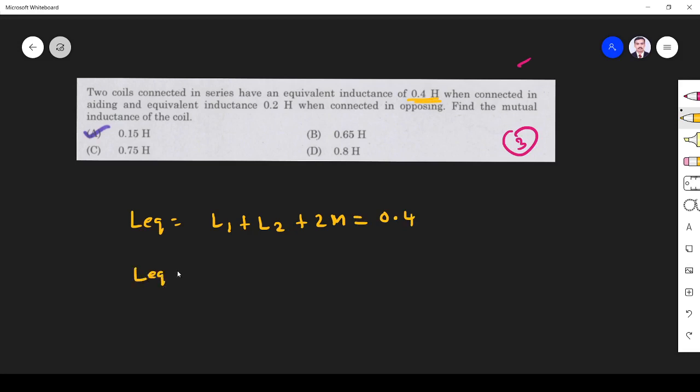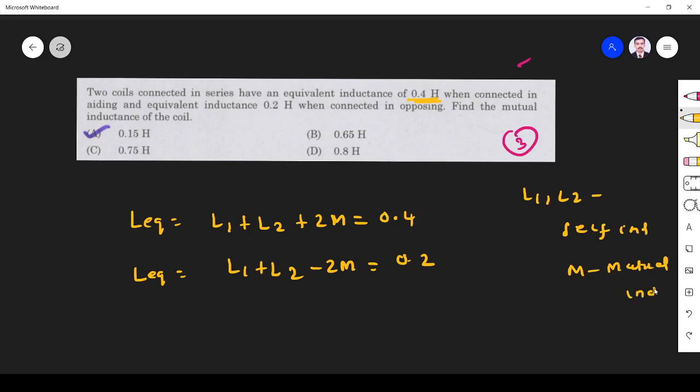Similarly, for opposing, L1 plus L2 minus 2M is equal to 0.2. Here L1, L2 are self-inductances, and M is mutual inductance. What they ask is mutual inductance, so I subtract.